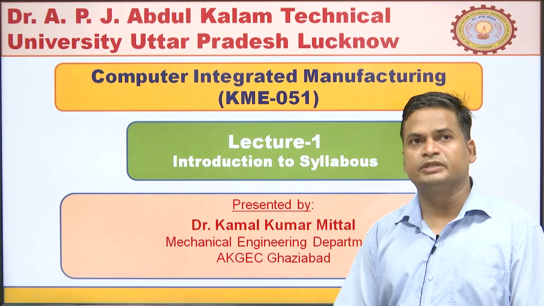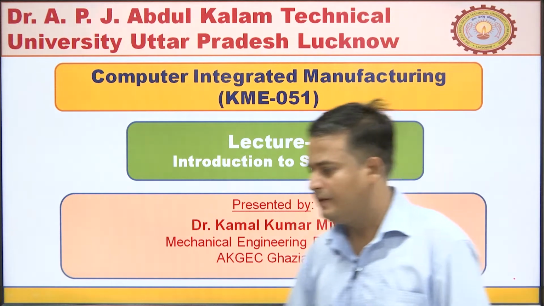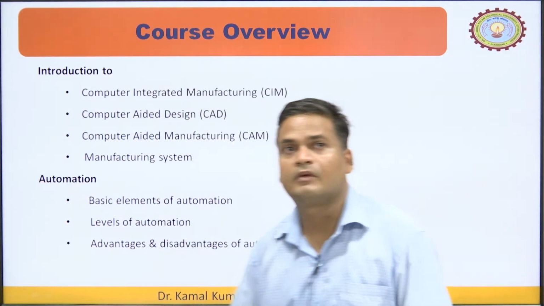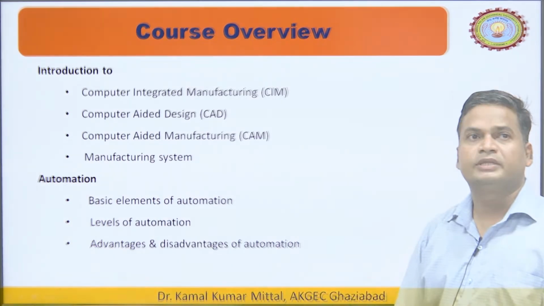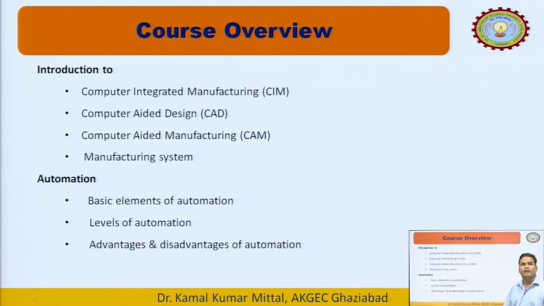So first, introduction to the syllabus. This is the course overview. In this we will discuss computer integrated manufacturing, that is CIM, then computer aided design, that is CAD, then computer aided manufacturing, that is CAM, then manufacturing system.